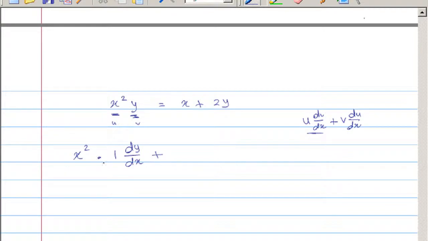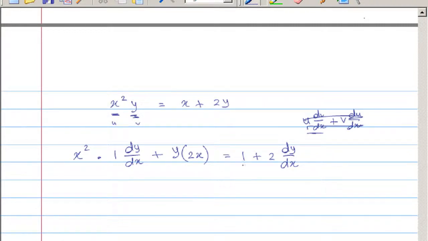That's a multiplication there. Then I've got plus v du over dx. V, that is y, times the derivative of x squared with respect to x, that just gives 2x, and that is equal to the derivative on the right hand side. So differentiating x, I get 1. Differentiating 2y, that would give 2, but since I'm differentiating y, I have to add on a dy over dx term.